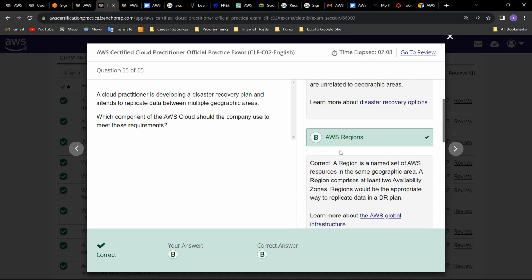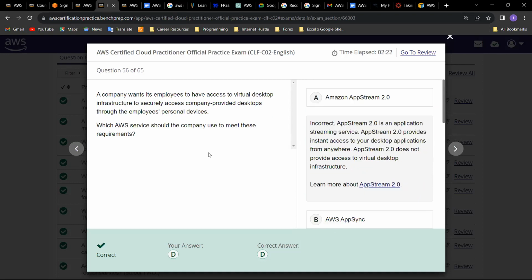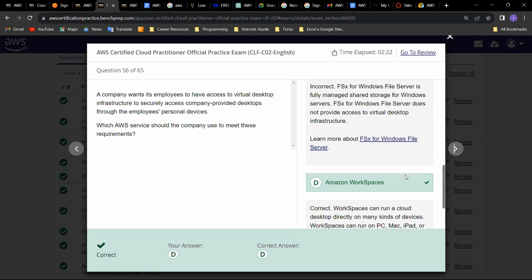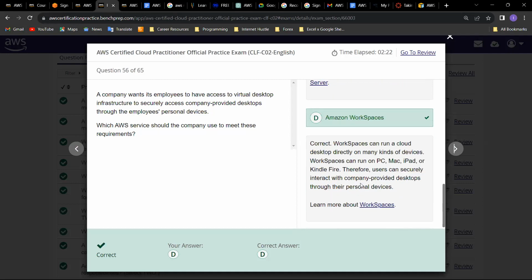And question 56. A company wants its employees to have access to virtual desktop infrastructure to securely access company-provided desktops through the employees' personal devices. Which AWS service should the company use to meet these requirements? Yes, Amazon WorkSpaces. I think the question we had with Dari had a similar thing, right?